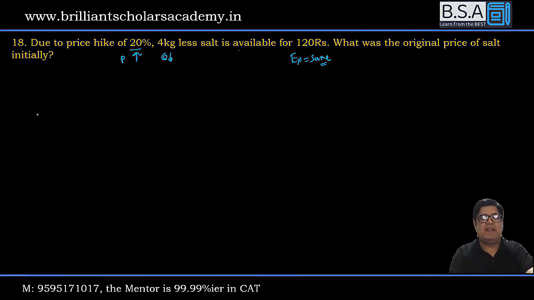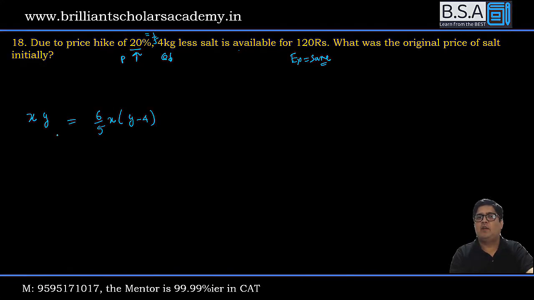So one of the ways is, let us say the price is X and the quantity is Y. Now the price has become 6 upon 5x. 20% is 1 by 5. You add 1 by 5, it becomes 6 by 5. And the quantity has become 4 kgs less.